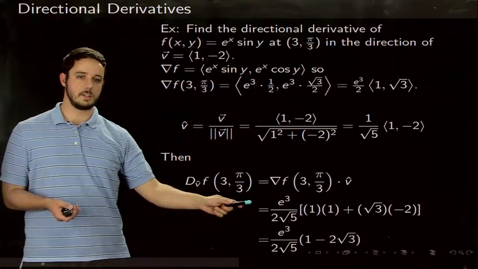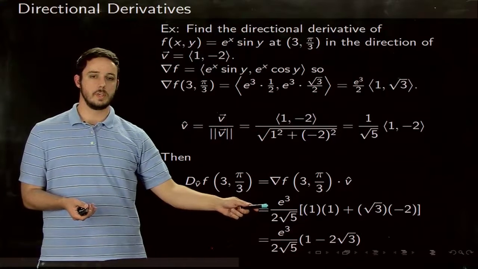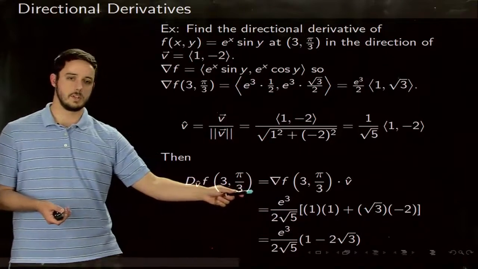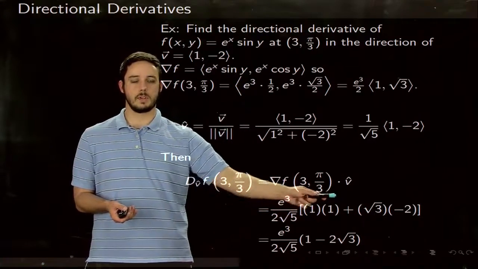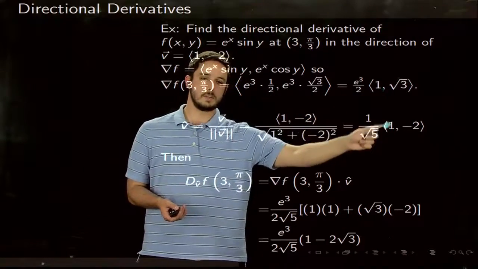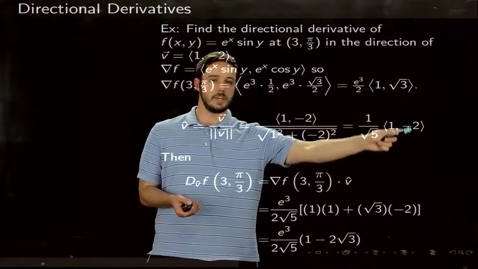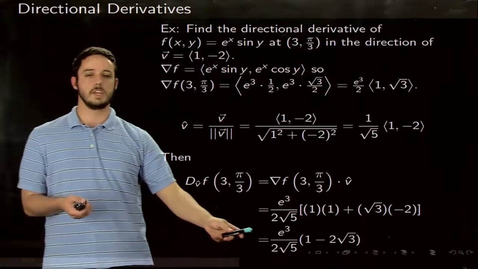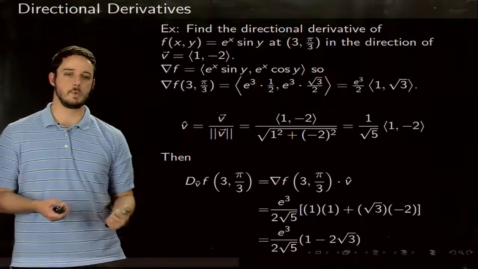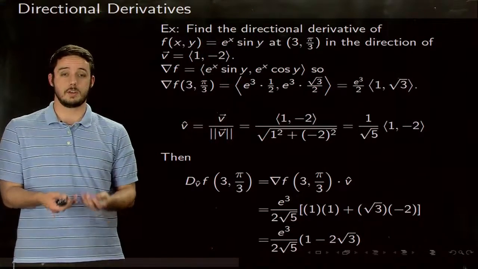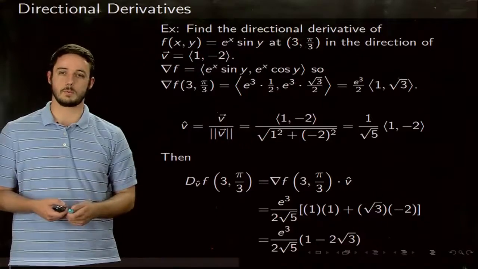And so if we take the dot product of those two, we get the following: e cubed over 2 root 5 times 1 times 1 plus root 3 times negative 2, taking this 1 and this 1, multiplying them, and the root 3 and the negative 2, and multiplying them. And so this gives us as a final answer e cubed over 2 root 5 times (1 minus 2 root 3). So this is the derivative of the function f in the direction v at the point (3, pi/3).